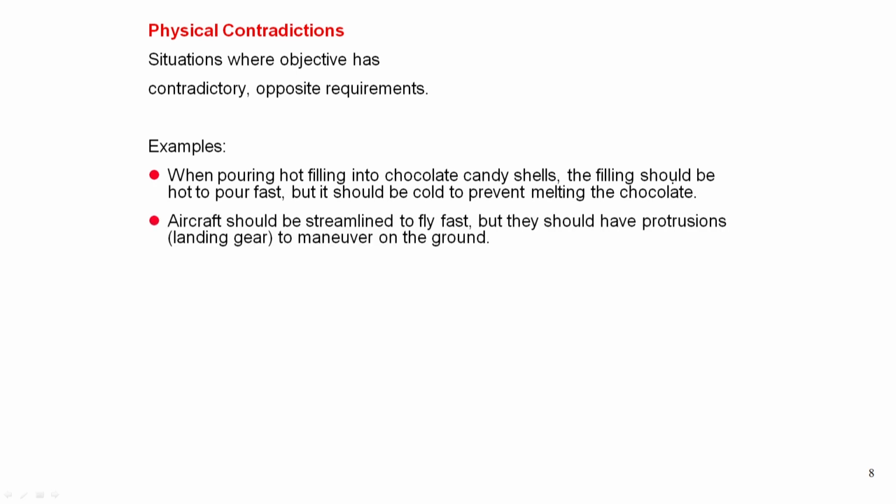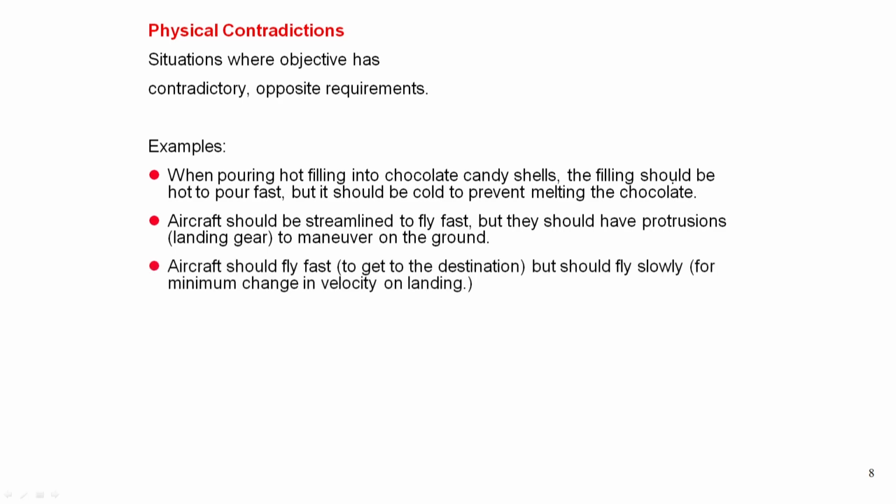It should not become a simple mesh of things, or it should not become too cold. I will give you another one: the aircraft should be streamlined so that it can fly very fast, but it should have some protrusions like landing gear and also wing changes, so that you can maneuver, you can slow down the speed also on the ground.